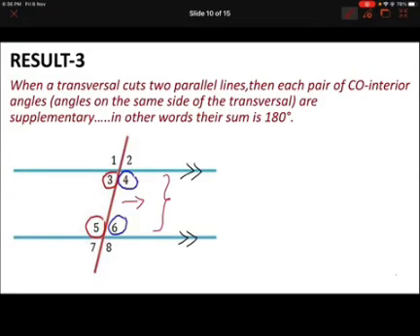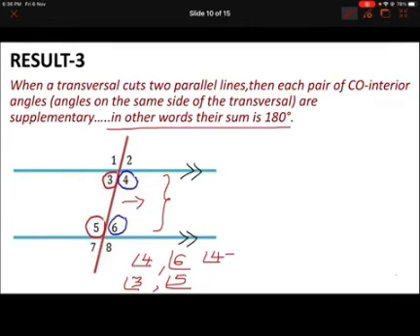I am sure many of you can recall what I am talking about. These angles, angle 4 and angle 6, are called co-interior angles. Similarly, angle 3 and angle 5 are called co-interior angles. What is the result we just learned? The sum of co-interior angles, angle 4 plus angle 6, is 180 degrees.